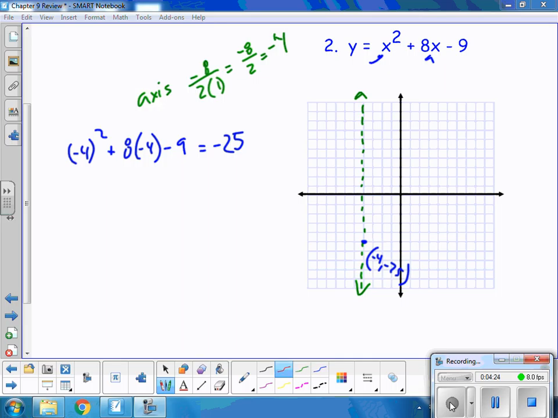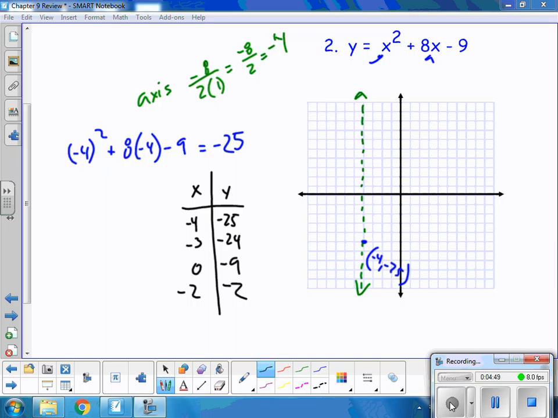Now when I plot some points on this to go ahead and get my parabola running, I noticed that negative 4 and negative 25 works. I had negative 3 and it was like negative 24, so that was going real slow. So I tried a few other things. I tried 0, negative 9, I tried negative 2 and I got negative 21.